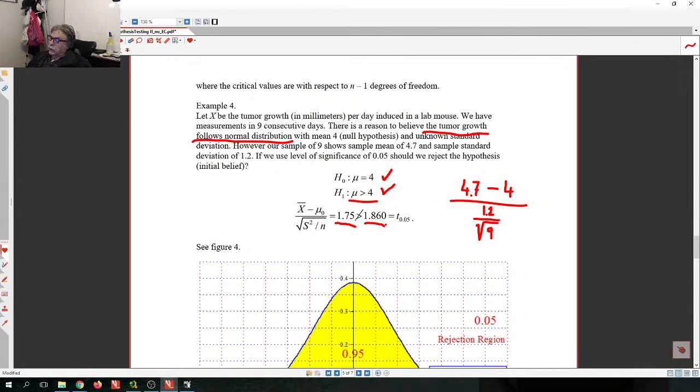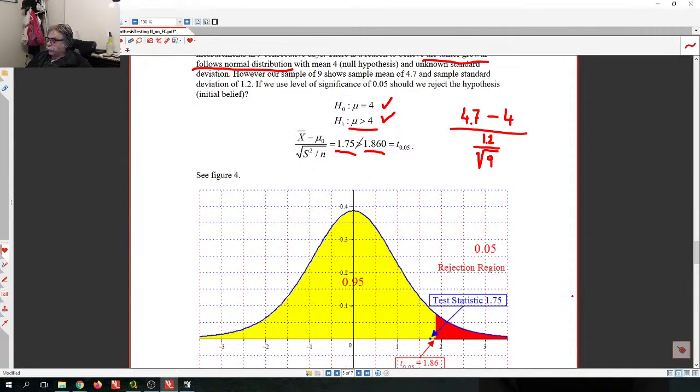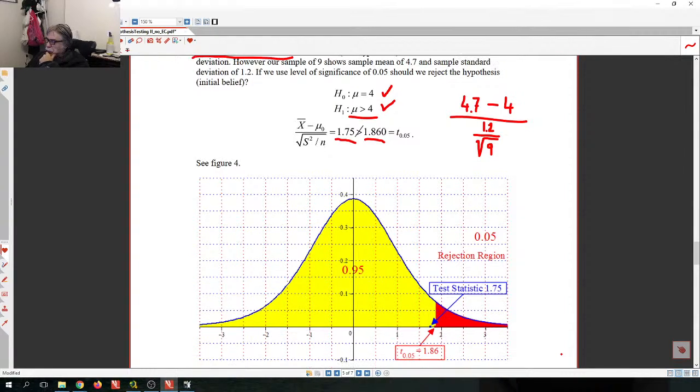That's the critical value. Here's a picture of the test. This is a t-curve with 8 degrees of freedom. The critical value is here, 1.860. This tail is 5%. But the test statistic is not in the tail. The test statistic is 1.75, which is before the tail starts.